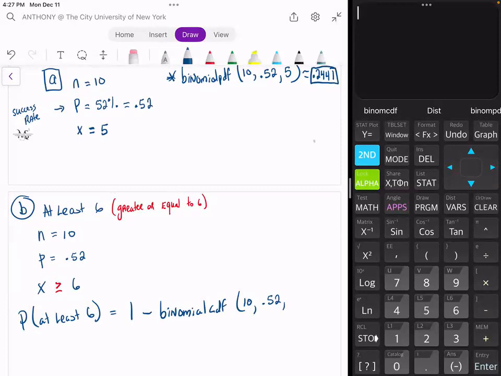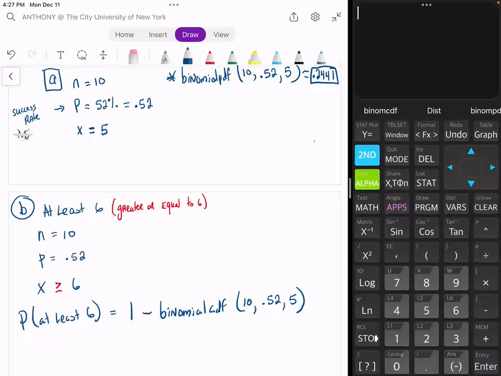So if you think about your X starting at 6, 6 minus 1 is 5. The binomial CDF of 10, comma, 0.52, comma, 5 is precisely everything that is less than 6.